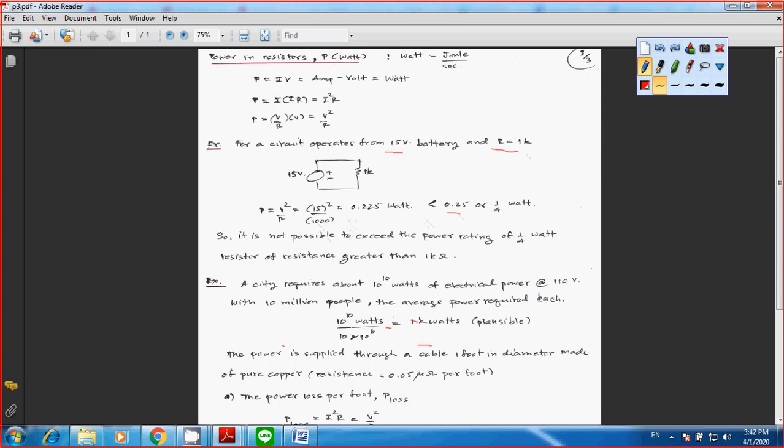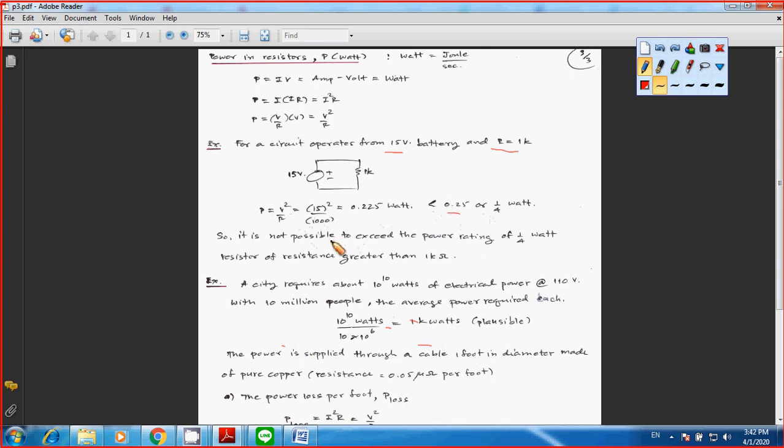I picked this number because we're familiar with it: 1 over 4 watts, or quarter watts. So with the 15-volt power supply and 1 k ohm resistor, you see that this is less than 0.25 or quarter watt.